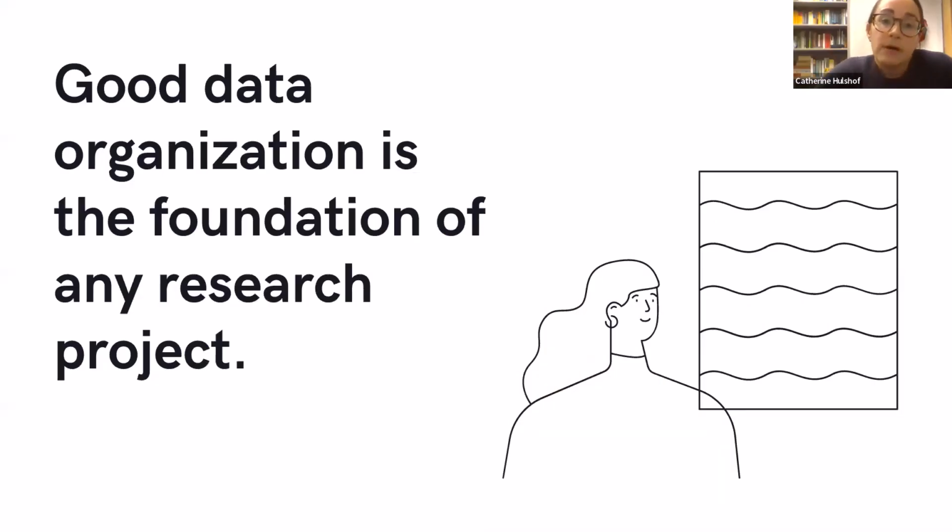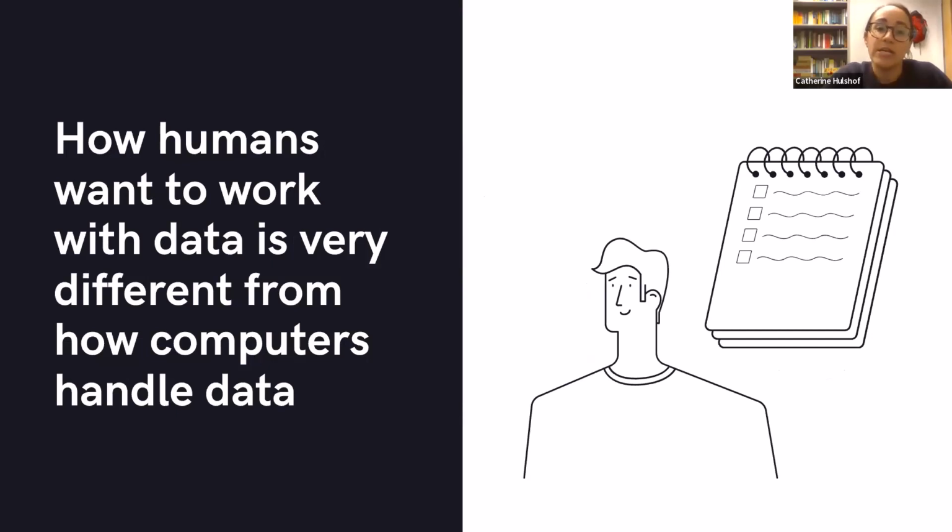I want to start by talking about good data organization, because that is the foundation of any research. Most researchers do data entry in spreadsheets. The problem with spreadsheets is that we tend to work with data in a way that is very different from how computers handle data.